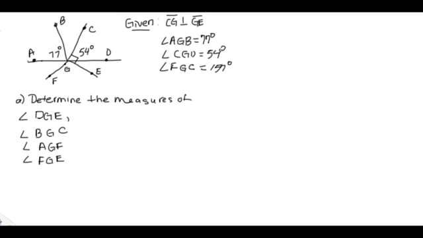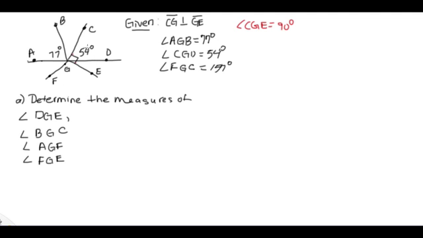So we're looking at DGE. We know that angle CGE equals 90 degrees, based off of this right angle sign. We know that CGD equals 54 degrees.